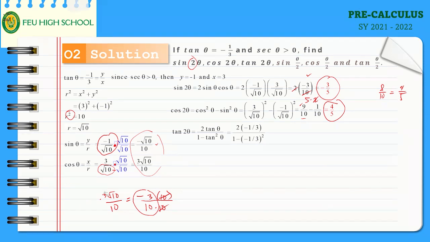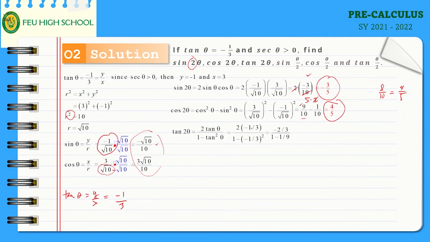Para makita nyo lang, let me erase this first. Okay, just to show you, so take note, tangent theta is just equal to y over x. So, yung y natin ulit, negative 1, yung x natin 3. So, negative 1/3. So, that's why, meron na tayong negative 1/3 dito.